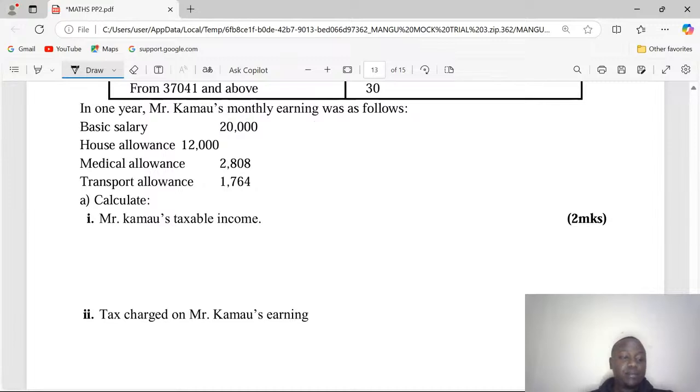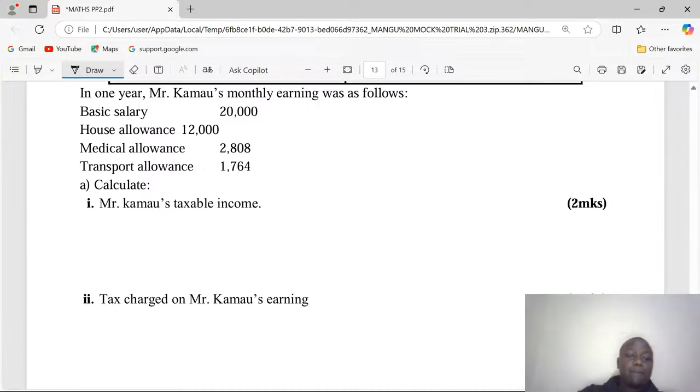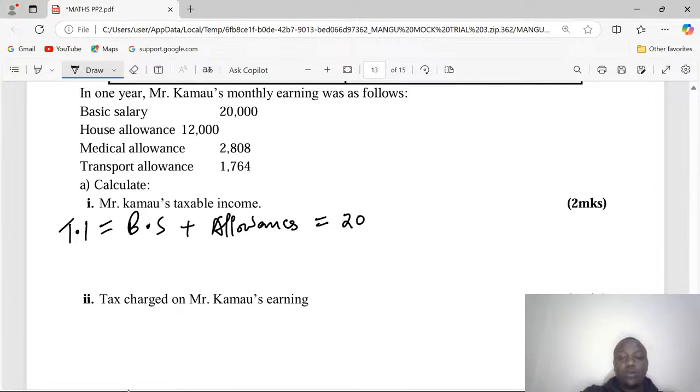Calculate part 1, Mr. Kamau's taxable income. Taxable income is generally given by the basic salary plus all allowances, unless it is mentioned that some allowances are non-taxable. We assume that all of them should be subjected to tax.